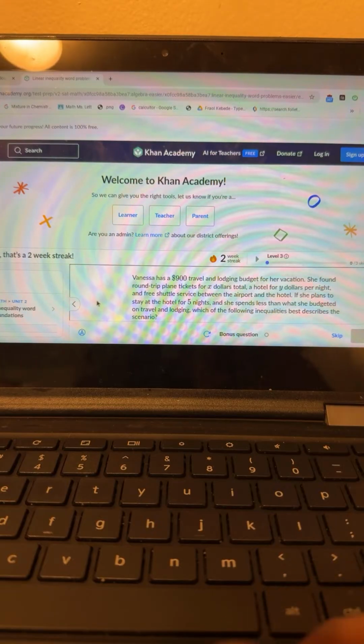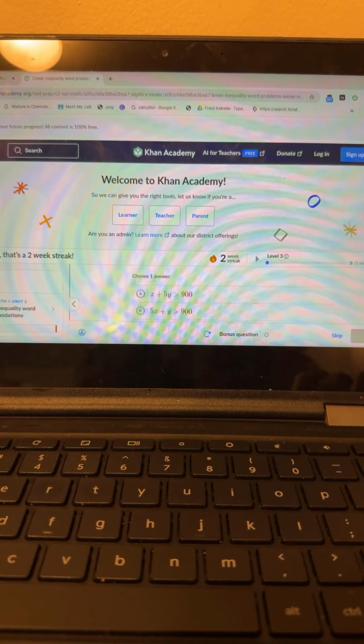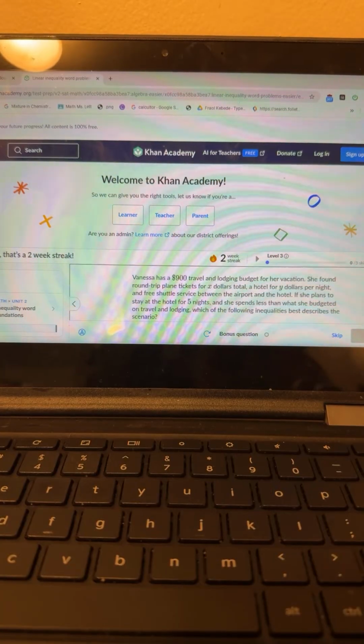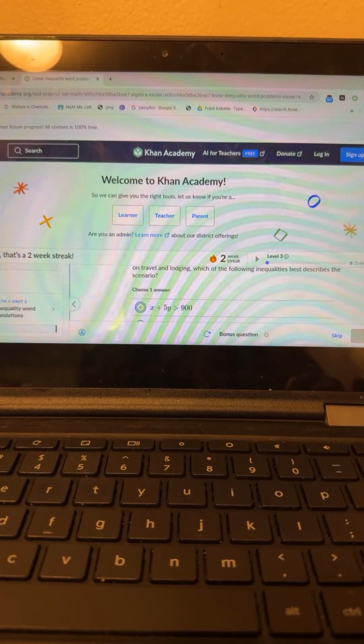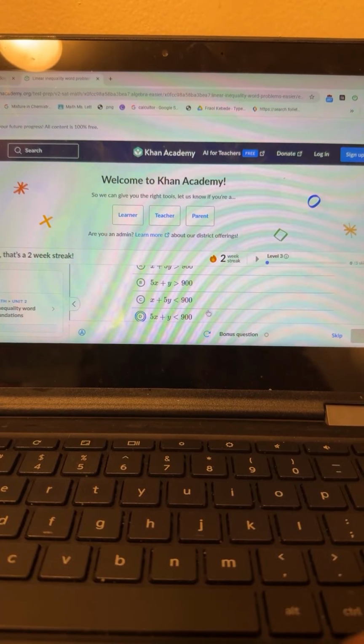If she plans to stay at the hotel for 5 nights and she spends less than what she budgeted on travel and lodging, which of the following... It's not A, it's D.